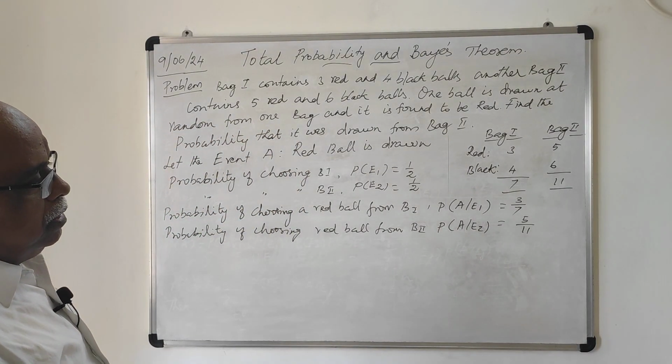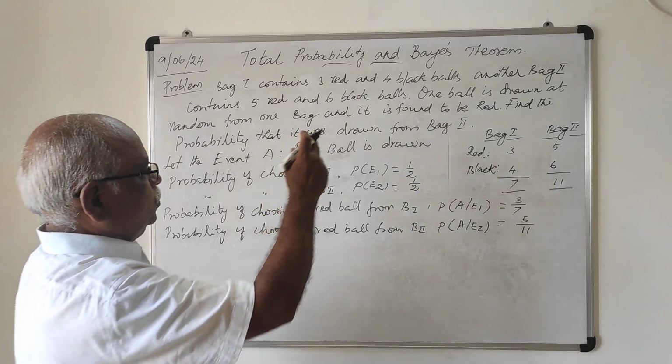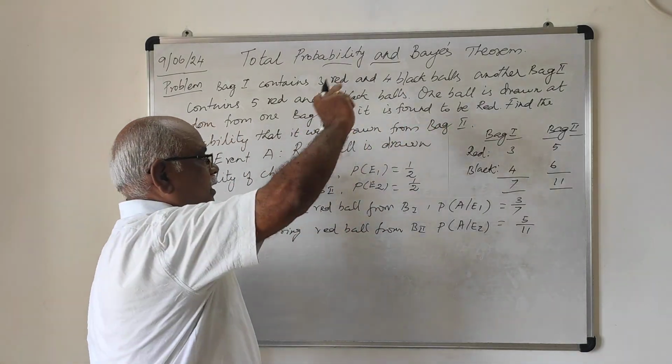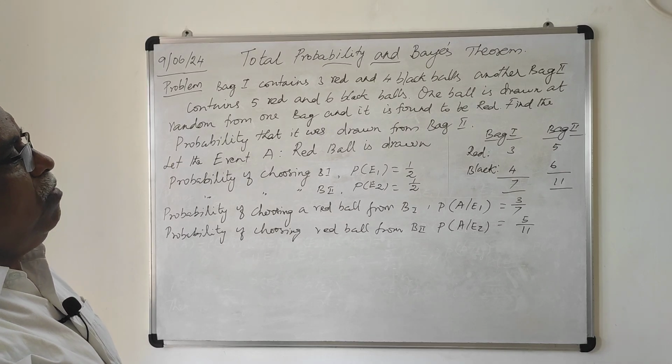Now our question is that we have to choose the red ball from bag 2. What is the probability that the red ball was drawn from bag 2?